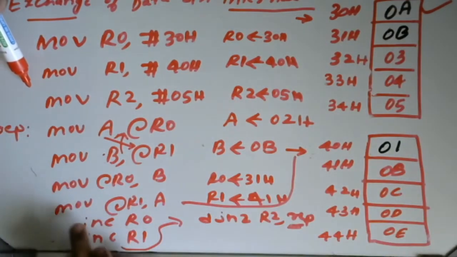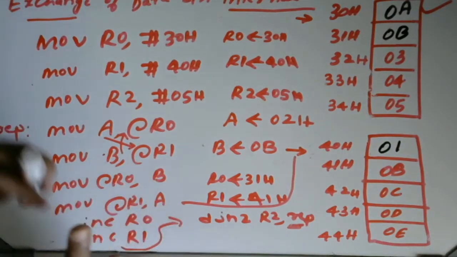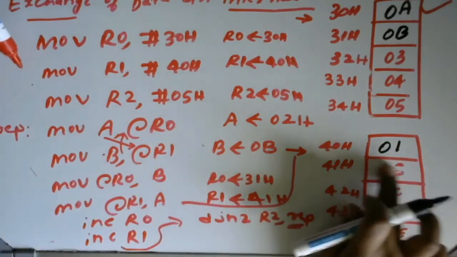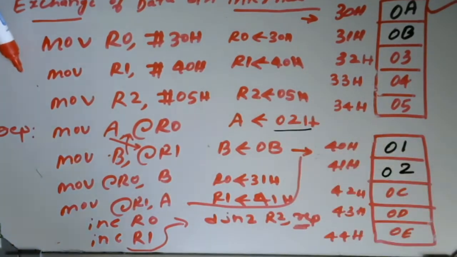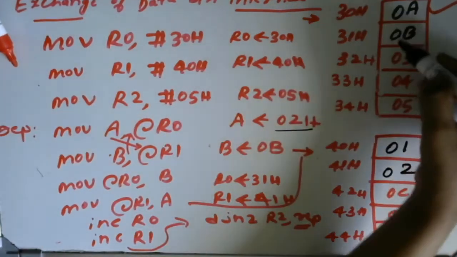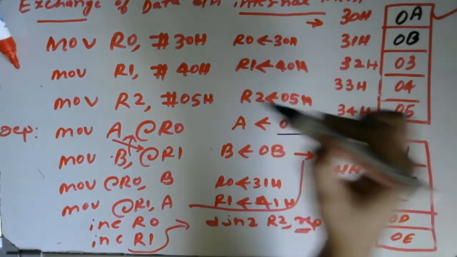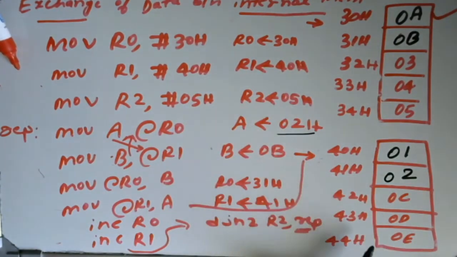And similarly, when we do MOV @R1, A, 41H will be replaced with 02H. Right? So successfully we have completed the two data.